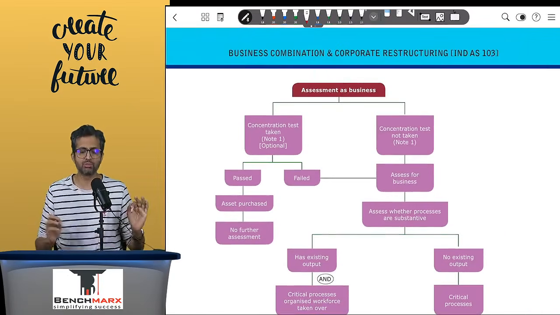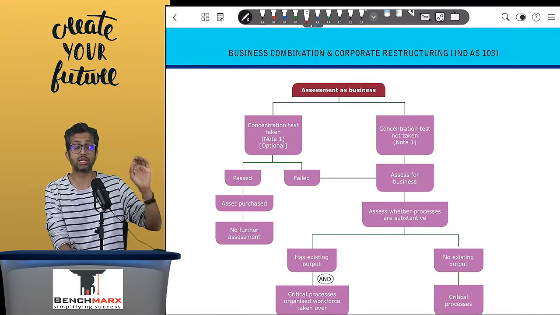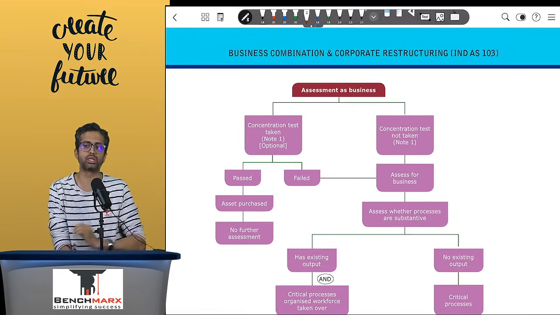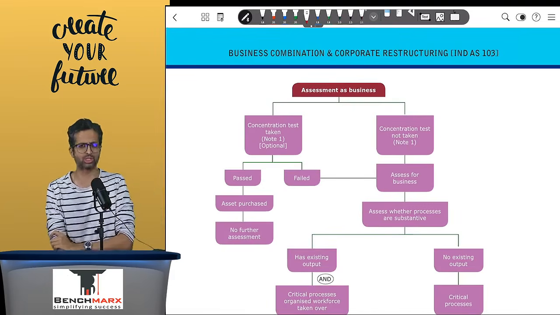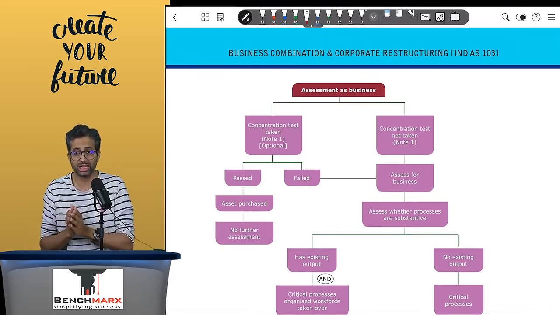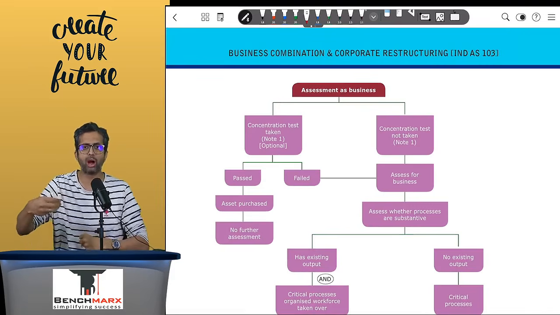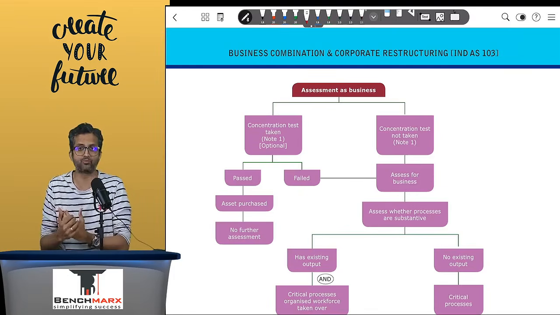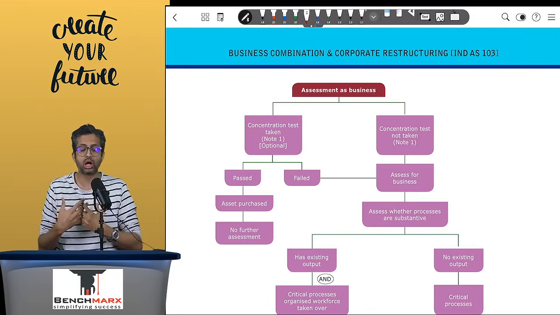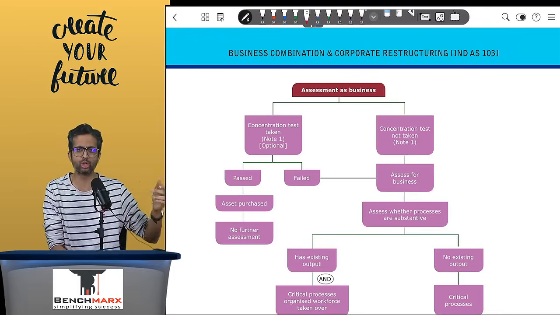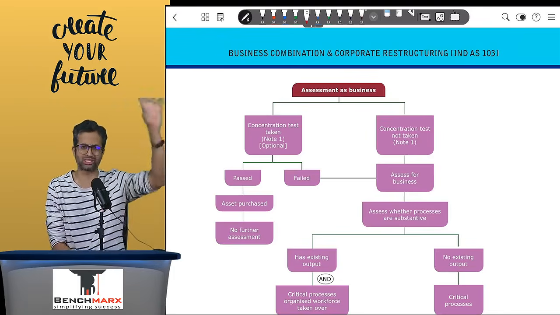For assessing a business, Index 103 says that you can test initially for something called a concentration test, which is optional. Under the concentration test, you will see whether all the amount that you are acquiring is concentrated in a single asset. You try to find the gross assets taken over.